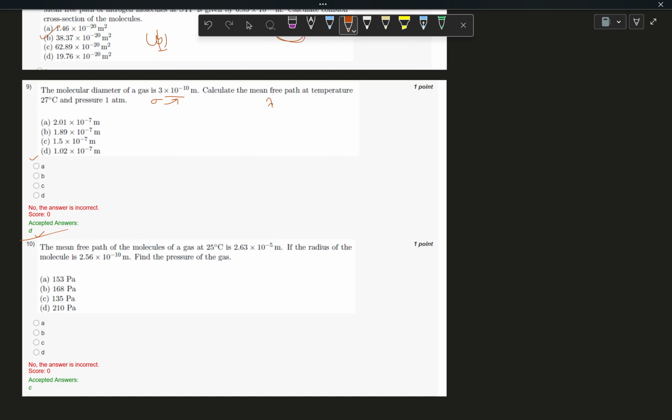We have to calculate lambda, the mean free path, when the temperature is 27 degrees centigrade, which is 27 plus 273, which is 300 Kelvin, and the pressure is 1 atmosphere, which means 1.013 into 10 to the power of 5 Pascal. So we have to calculate lambda from these known quantities.